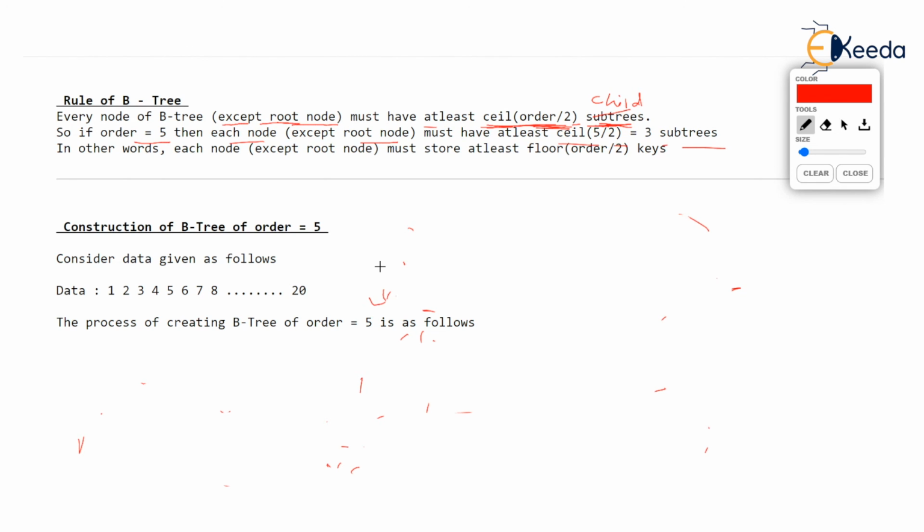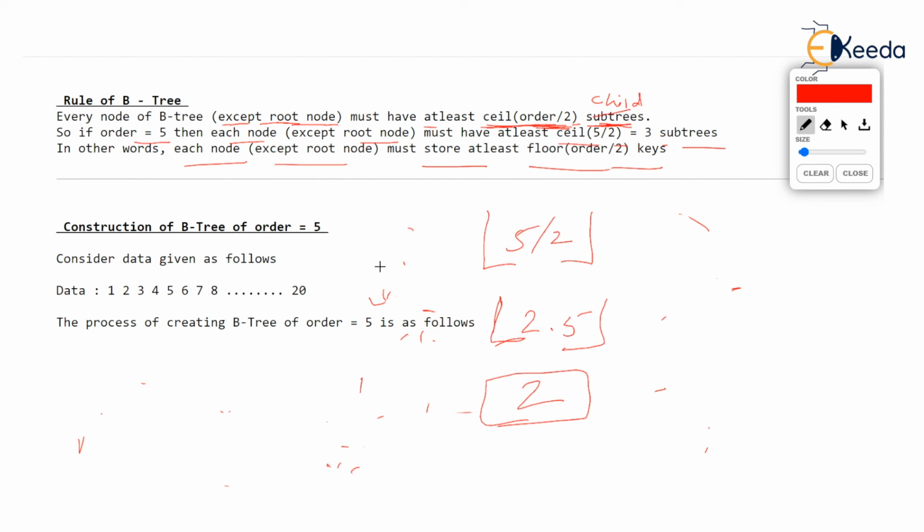In other words, each node except the root must store at least floor of order by 2 keys. Floor of 5 by 2 is floor of 2.5, which is 2, because we are looking for the nearest value which is lesser than 2.5. So if the order of the tree is 5, then every node must store at least floor of order by 2, that is 2 keys.